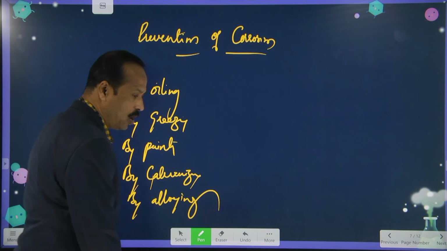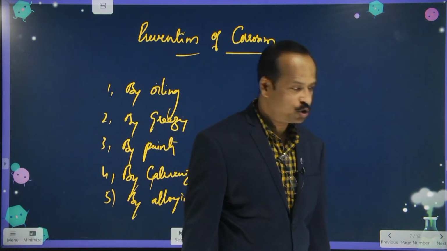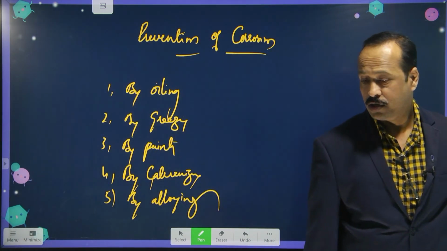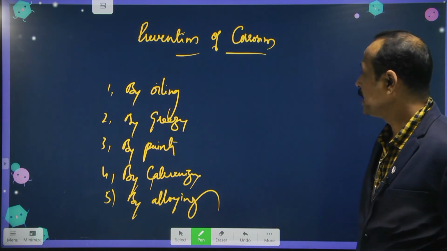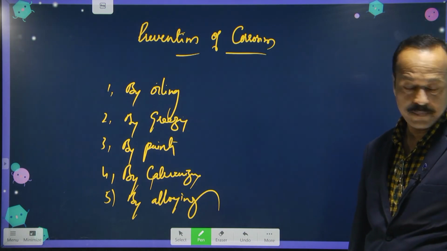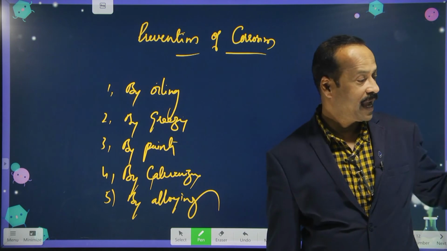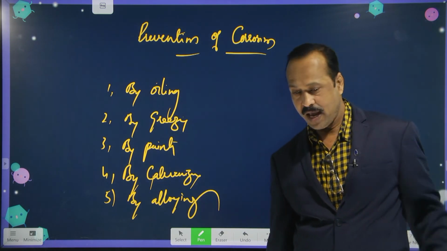So these are all the methods to prevent corrosion. What are the methods here? By oiling, by greasing, by painting, by galvanizing, and by alloying.